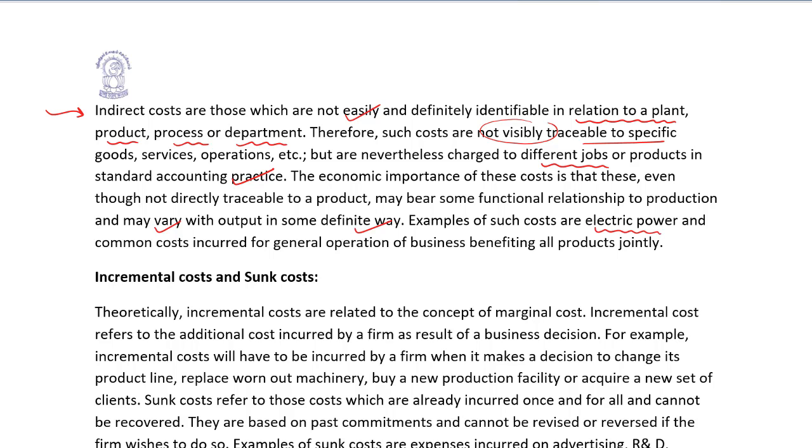Examples of such costs are electric power. We consume electricity, but you can't associate which product has consumed how much electricity. And common cost, the housekeeping or cleaning cost, incurred in general operations of the business benefiting all the products jointly, the apportionment is not possible at all. The apportionment of these costs is not possible because these are not quantifiable, but still they have some functional relationship to production.